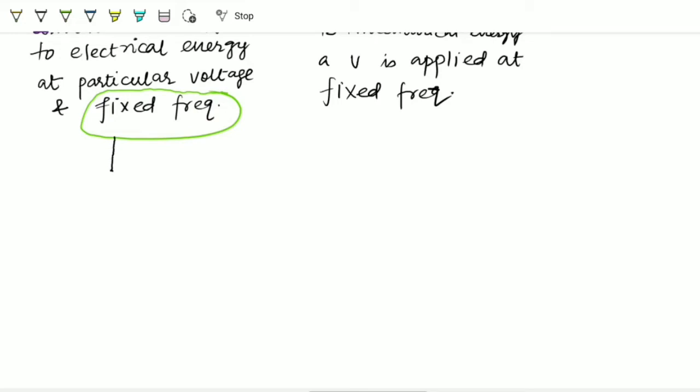Now let us discuss the importance of frequency of a synchronous machine. As far as the power characteristic of a synchronous machine is concerned, it is decided by the frequency. Here frequency depends upon the speed of the rotor.